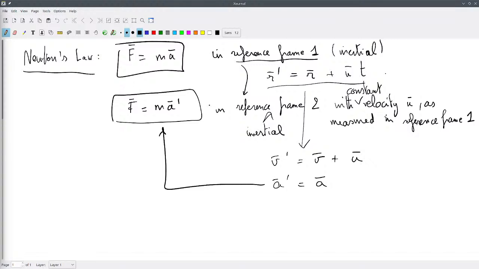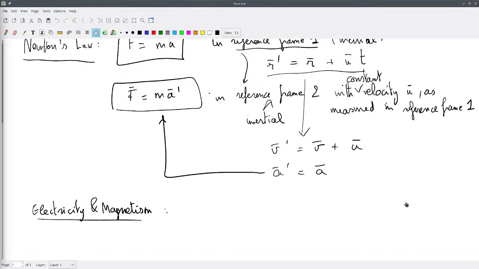We want this to be true for all physical laws, though, and in particular for electricity and magnetism. And this is the only thing about electricity and magnetism I'm going to say.